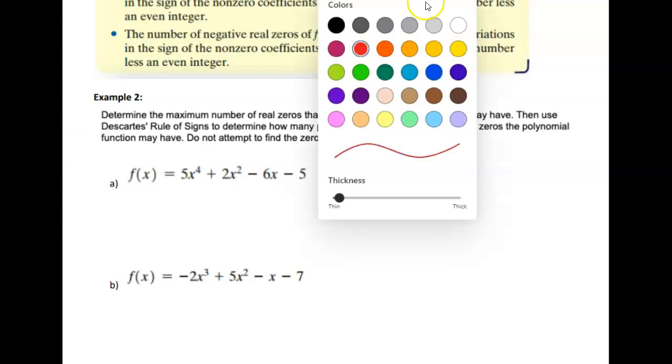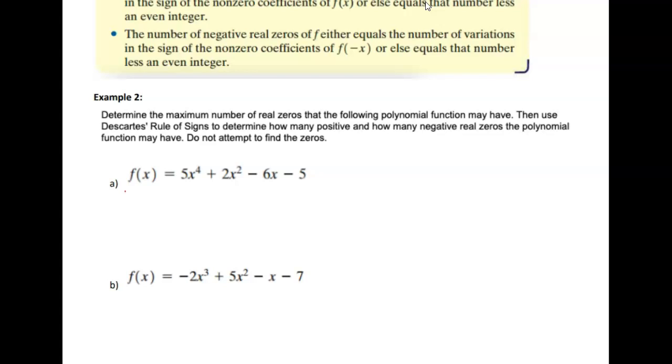So looking at the function in part A, we see that the degree equals 4. So that means that it has at most 4 real zeros. Right, so if we're trying to find the real zeros here, I know that I can have at most 4.